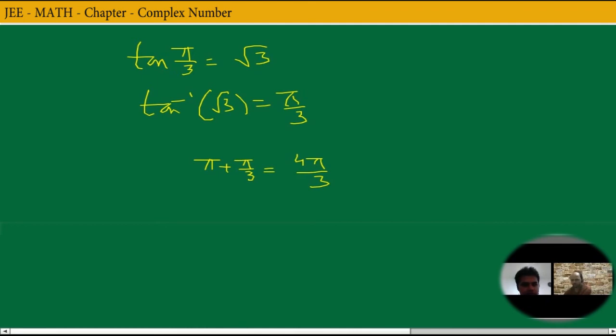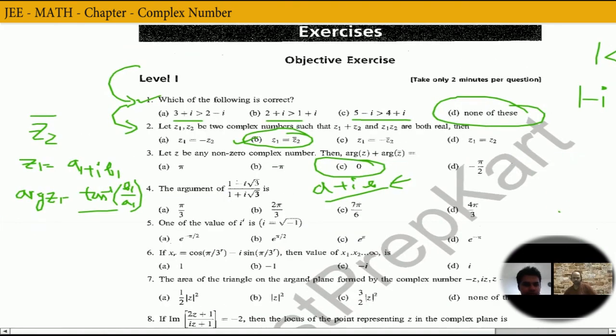Now you might ask me, it's greater than pi, how can it be possible? If you remember, I told you the range of the argument lies that way. So 4 pi over 3 is somewhere around here, and it will definitely get covered by this negative pi. Does it make sense? Yes, sir. So that would be option D.